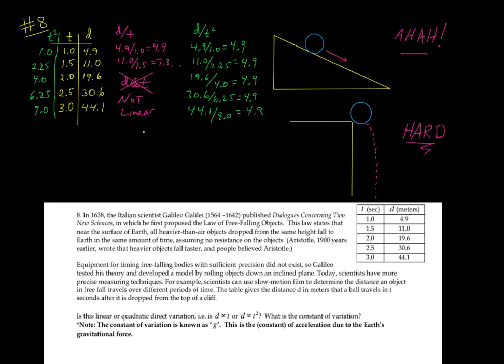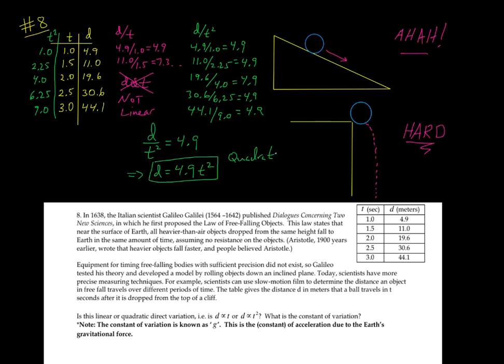So that's telling us that the distance divided by the square of the travel time is equal to 4.9. Or put another way, the distance is equal to 4.9 times the square of the time. So here we in fact have quadratic variation.